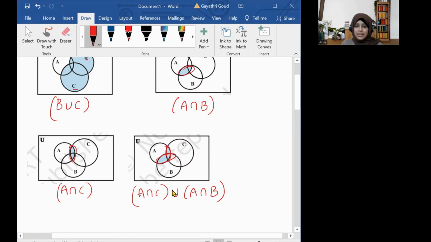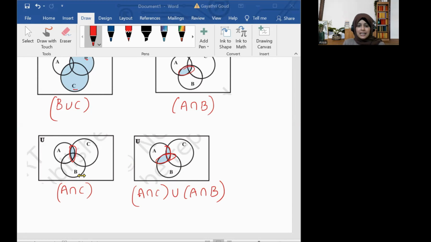Yes, it means that this is a union of A intersection C and A intersection B. Little confusing, but if you look at it carefully, you will understand.